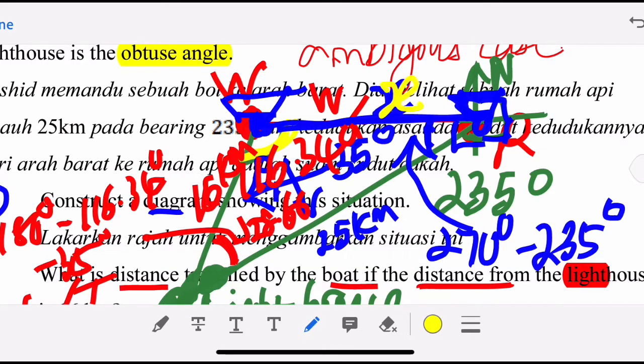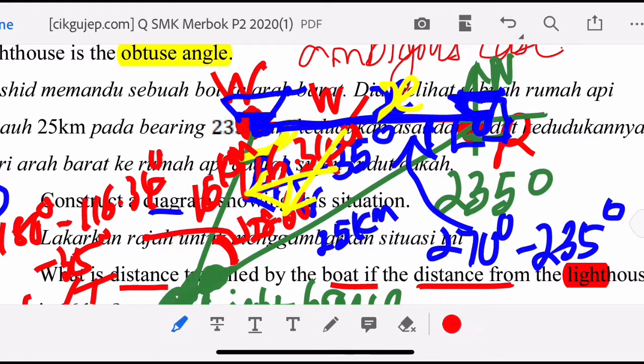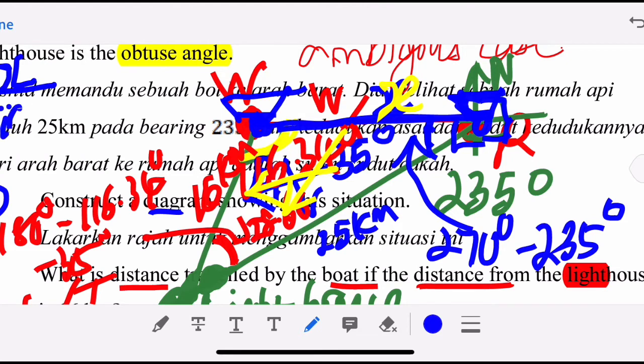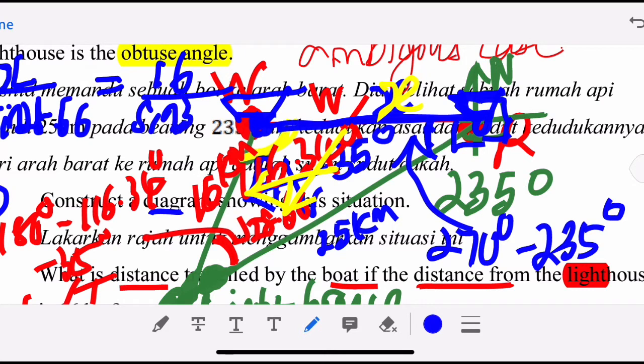So the x here, and this is the angle, and you can use the 35 and 16. If I write the working, it will be something like this: x over sine 28.66 is equal to 16 over sine 35.